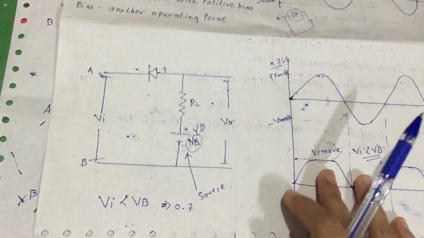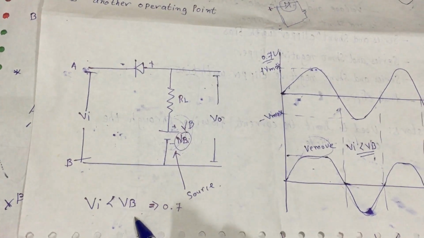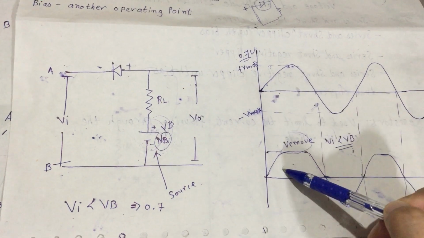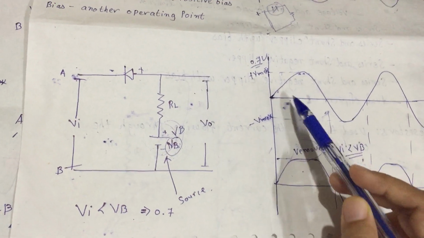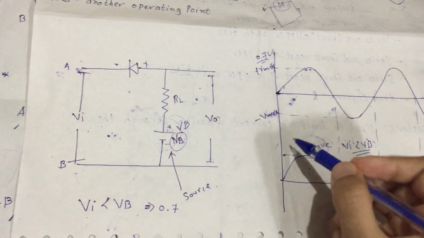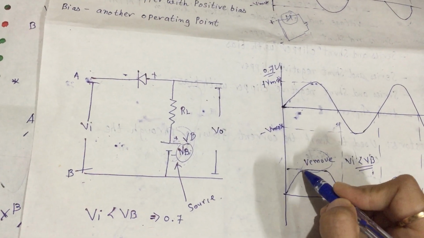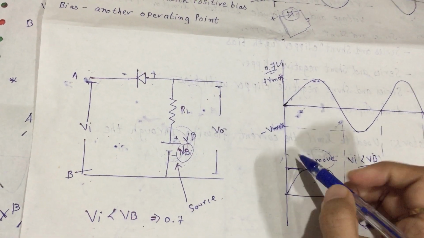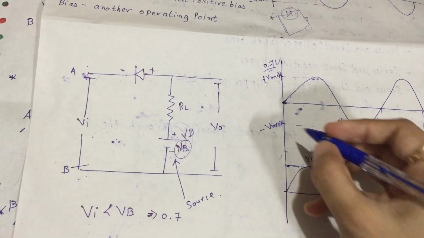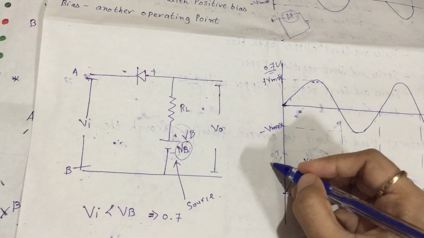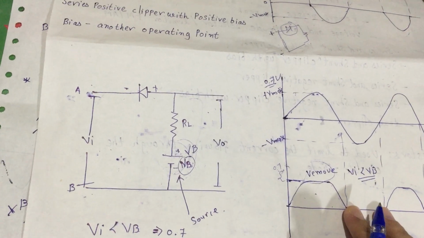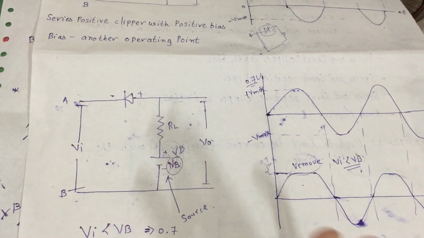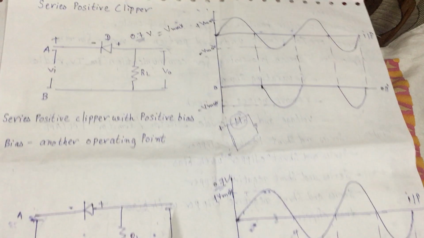Because of the difference between Vi and Vb, we are not getting the output as the input. We get the output as Vb but not Vmax, because of the 0.7 volt drop. So this is the series positive clipper.